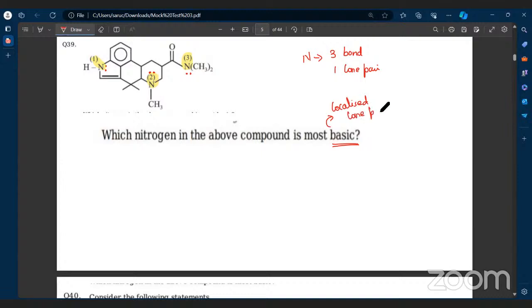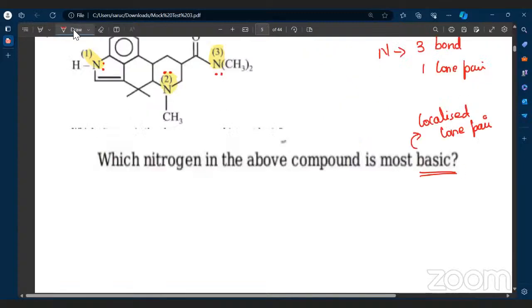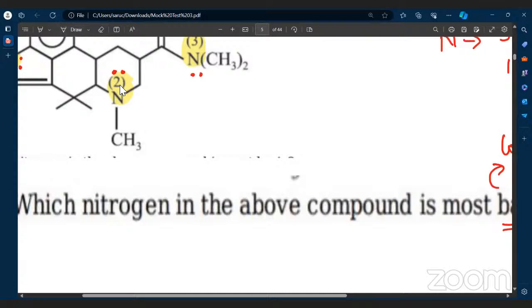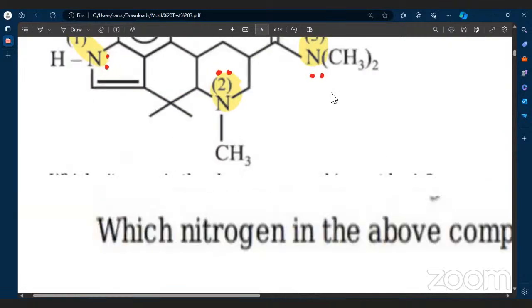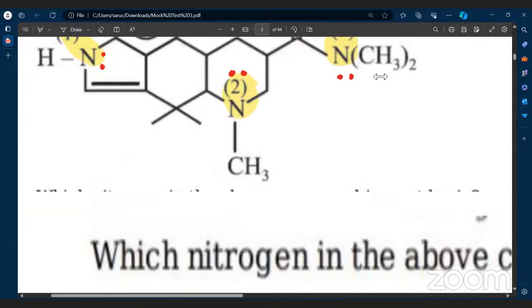So I can say that it should contain a localized lone pair. When I take this nitrogen, you can see that there is some sort of conjugation. What type of conjugation do you have? Look over the conjugation.